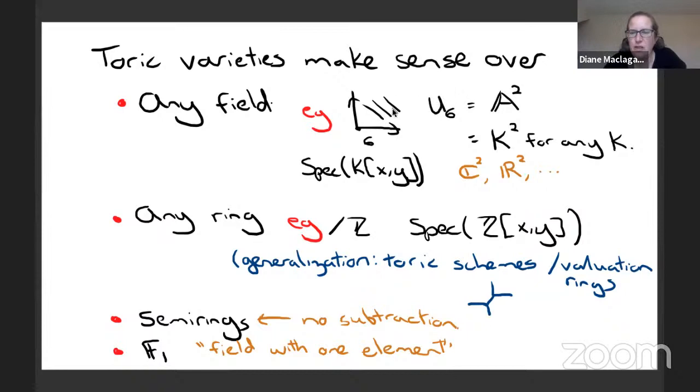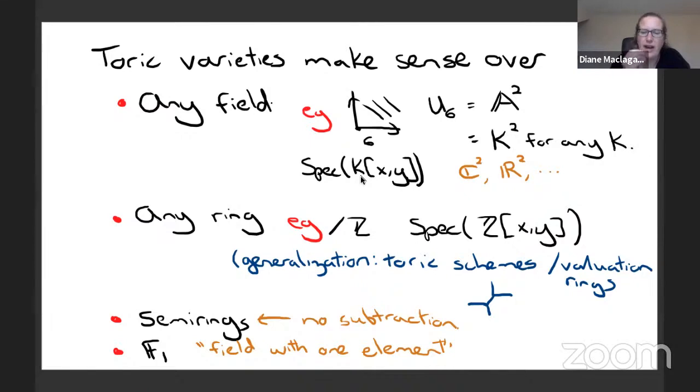So this tells me the coordinate ring should be the polynomial ring in two variables with coefficients in my field K. And we're not caring so much about the field K. So this is K squared, it could be C squared, R squared, depending on your field K.